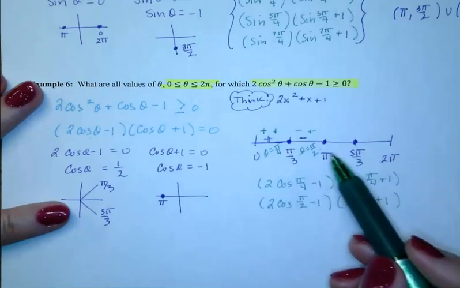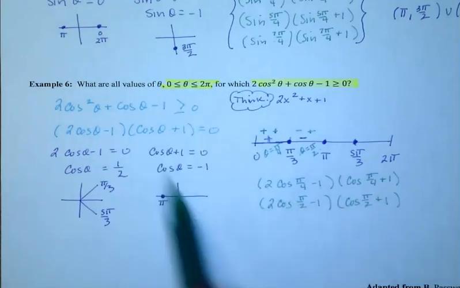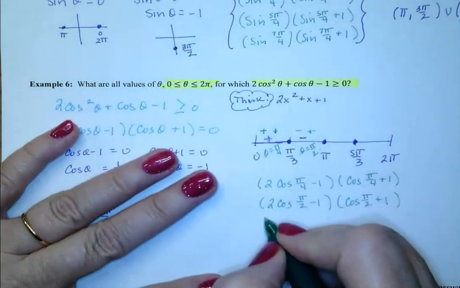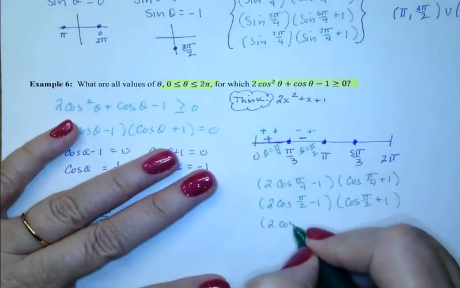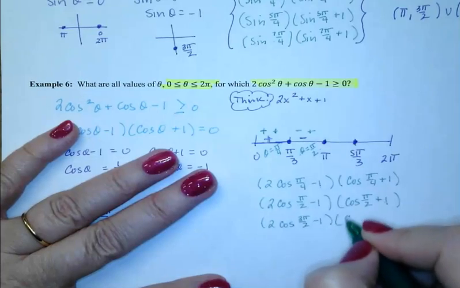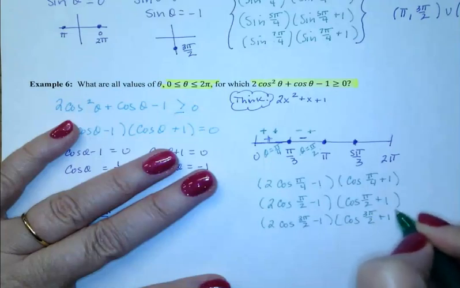All right, so if I'm going from pi around, so pi is the halfway over, and I'm going around this way to 5 pi over 3, which is in the fourth quadrant, then I'm going to use 3 pi over 2. So I'm going to say 2 cosine 3 pi over 2 minus 1 and cosine of 3 pi over 2 plus 1.